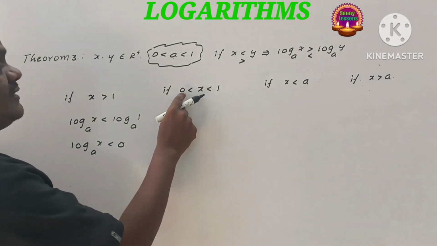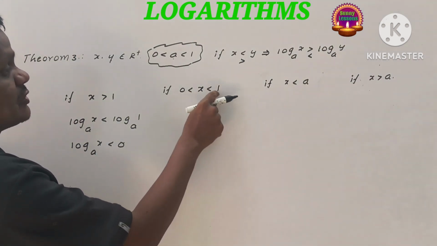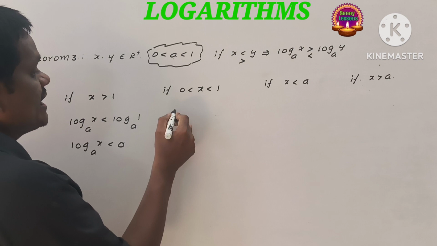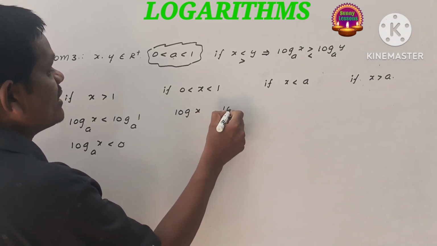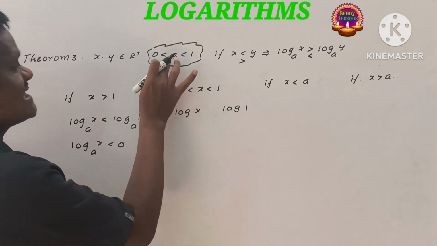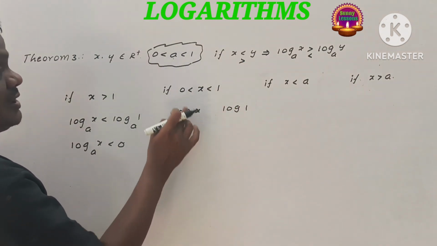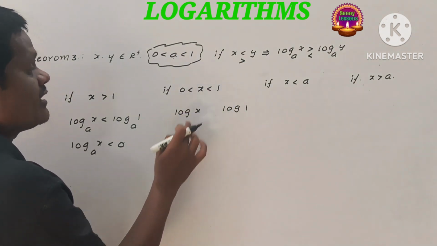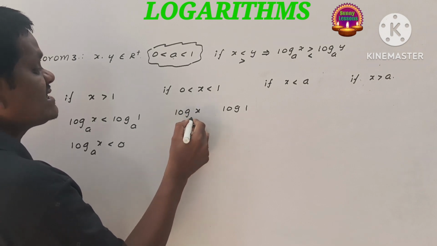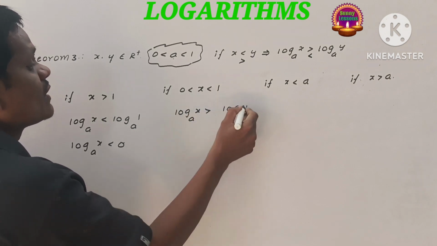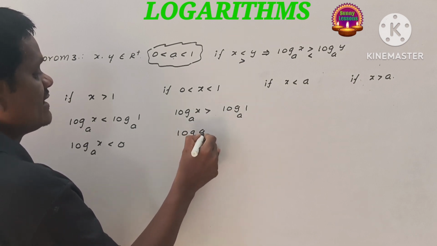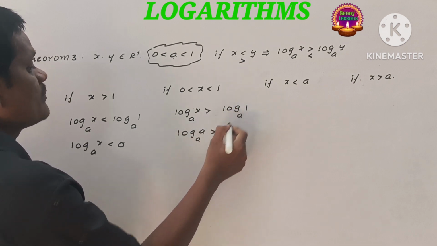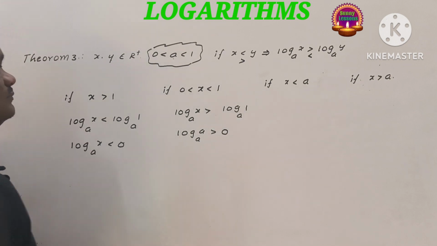Here, if x lies between 0 and 1, we can apply the logarithm on both sides, log x and log 1. In this case, a lies between 0 and 1. So if x is less than 1, then log x base a is greater than log 1 base a, which means 0.